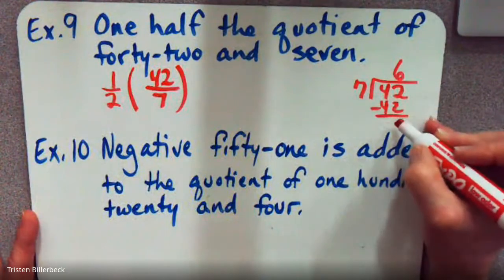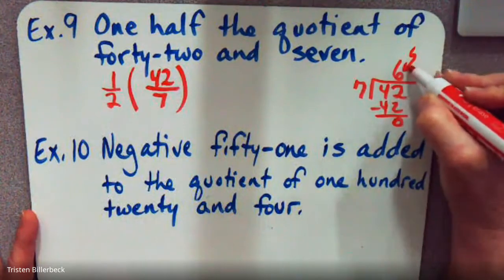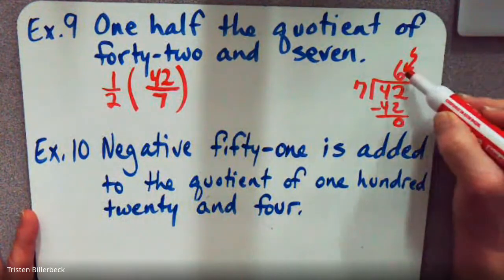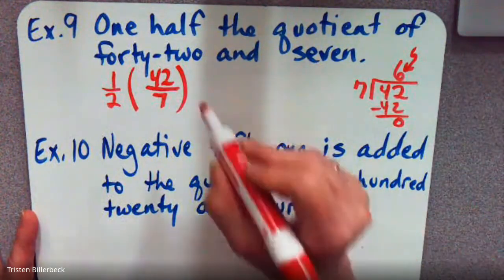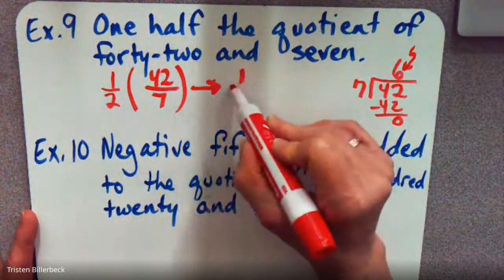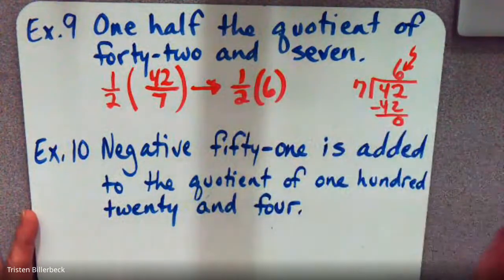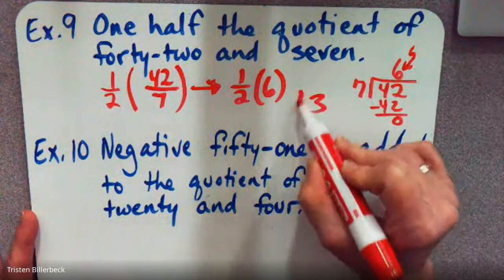So 6 times 7 is 42, and we have a 0. So this is called the quotient, the 6. So if we translate this, this is 1/2 of 6. And 1/2 of 6 is just 3.